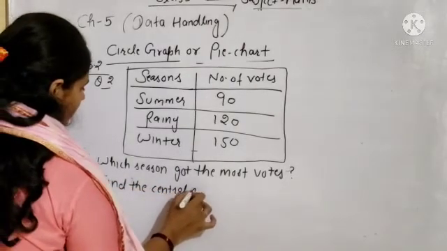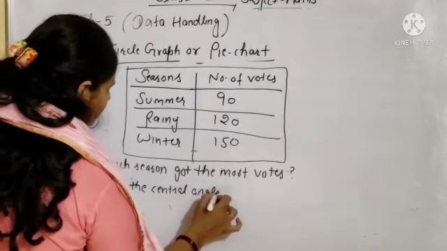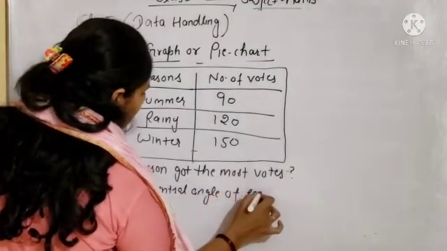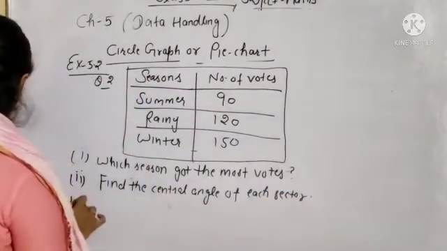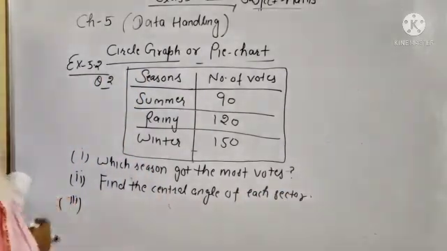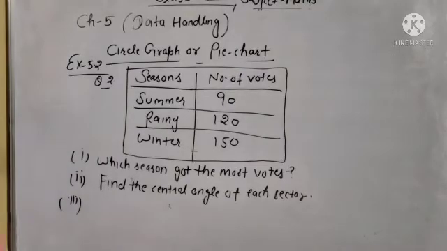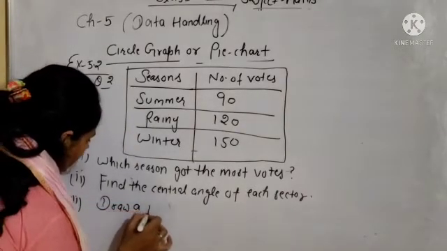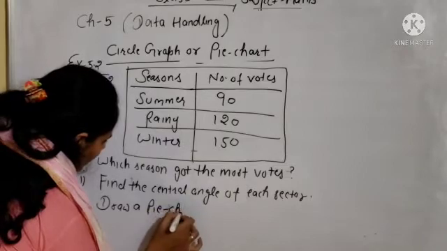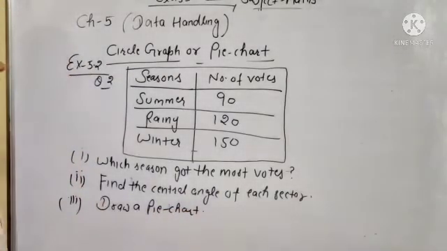Third one, draw a pie chart to show the information. Draw a pie chart, or you can say circle graph. Clear?